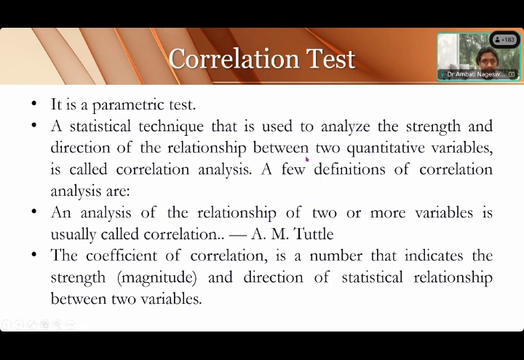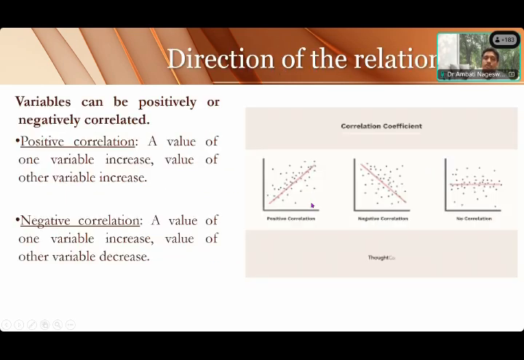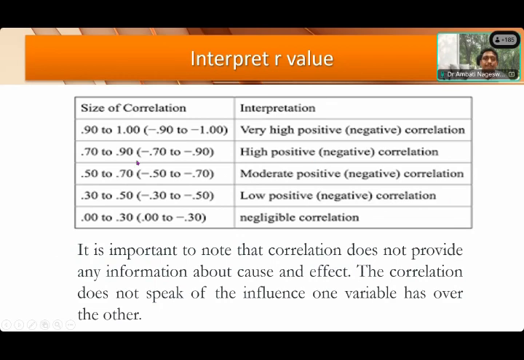Looking at the example, as I mentioned, there can be a positive correlation, a negative correlation, or no relationship. This is called direction. Whereas the strength of the relationship, based on the final result that you get, tells us whether it is negligible, negative, or high positive.